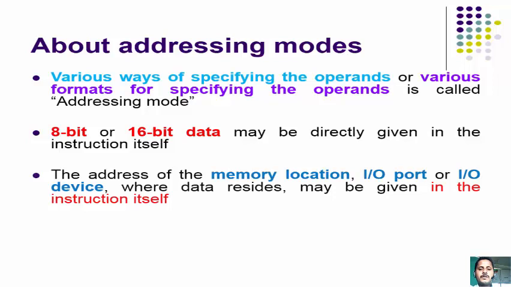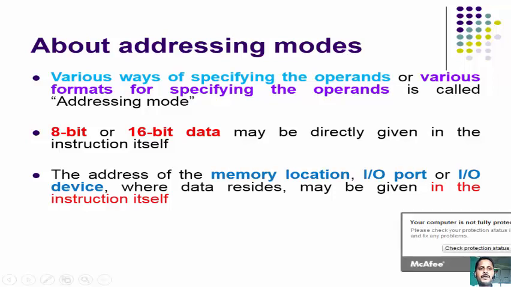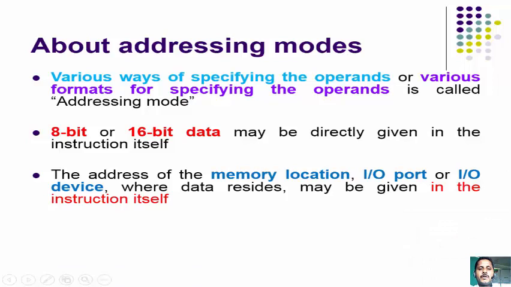Means sometimes in the instruction format, in the operand, you will find the 8-bit or 16-bit address. In case of an IO device, in the instruction format you will find an 8-bit address, and in case of memory-related instructions, in the operand you will find the 16-bit address.